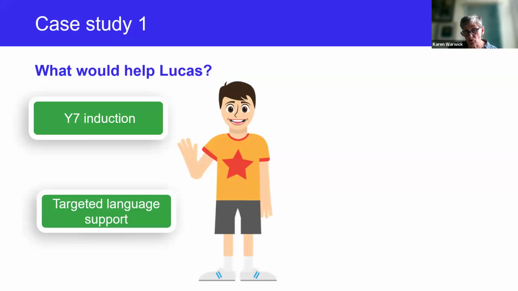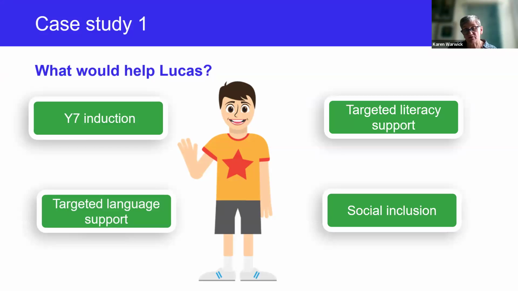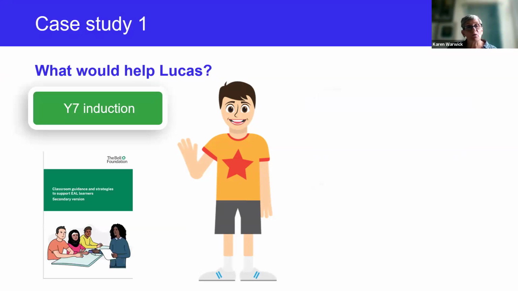Then targeted language support, slightly different, and targeted literacy support. And of course, that all important social inclusion, which has been picked up as a thread throughout this webinar. So let's first think about the induction process for Lucas.